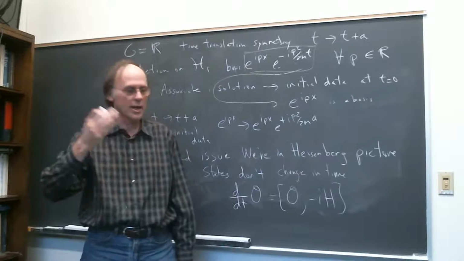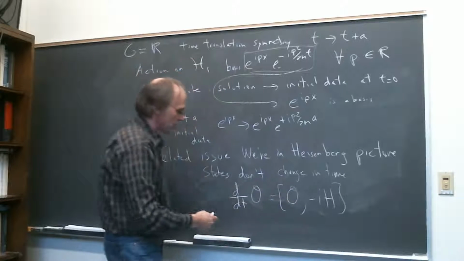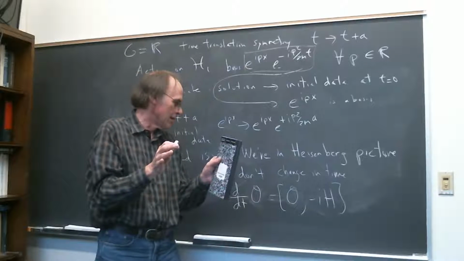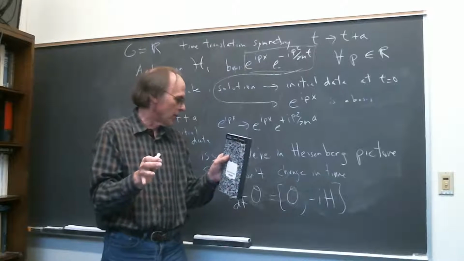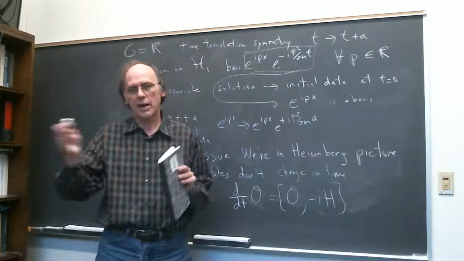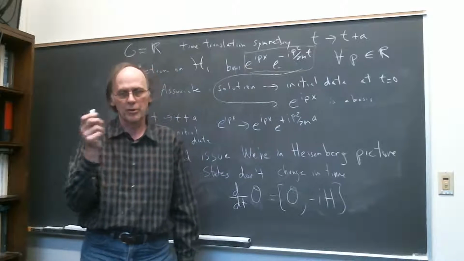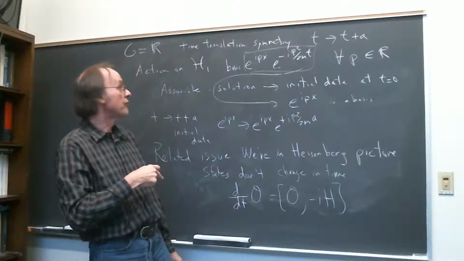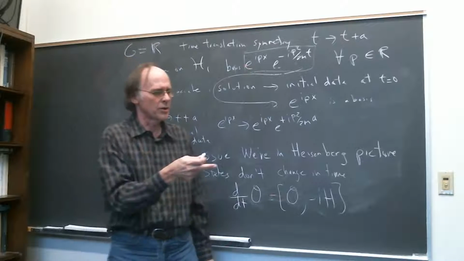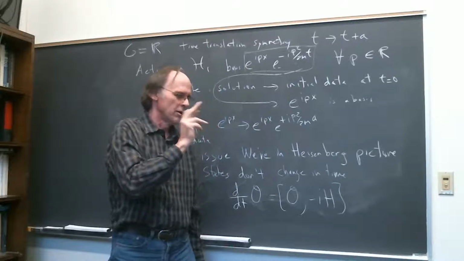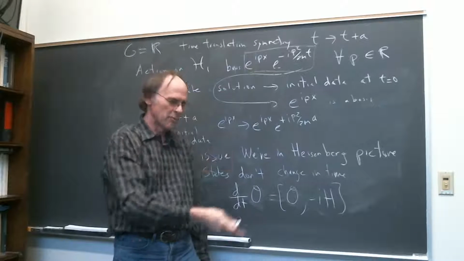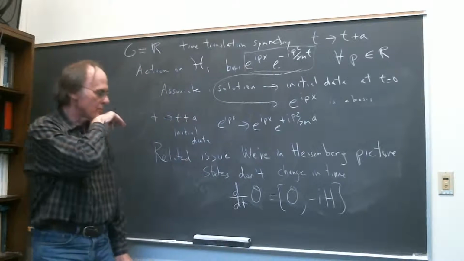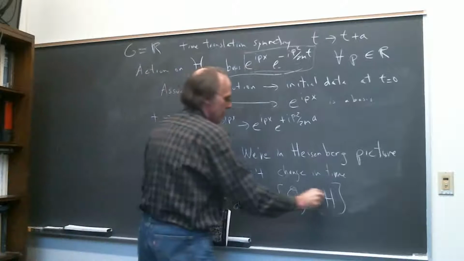So you get a conjugate. The Heisenberg picture operators are defined with respect to the Schrödinger picture operators by a conjugation by e to the it. One way to keep track of what you're doing is that to study what it's doing at a given time, you're moving it back to time 0 and then back. And so that process means that this operator depends on time.